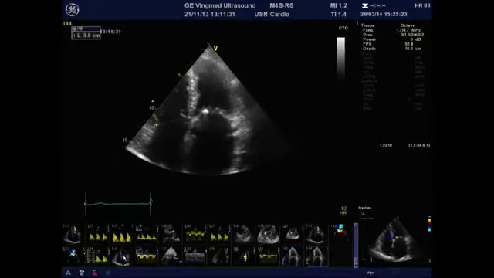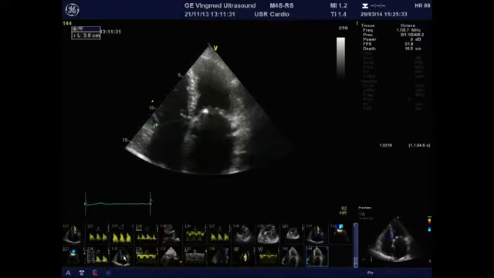And in this case, please note that the measurement is 39 millimeters, which is almost significant, with the cutoff of 40 millimeters, but we might also index this measurement, and if more than 21 millimeters per square meter of body surface area, this is consistent with an operative indication in this case.